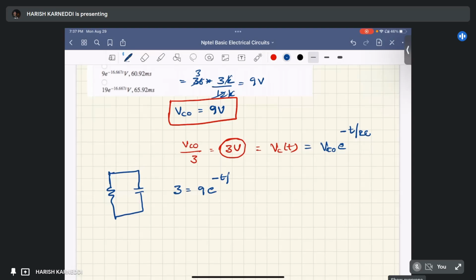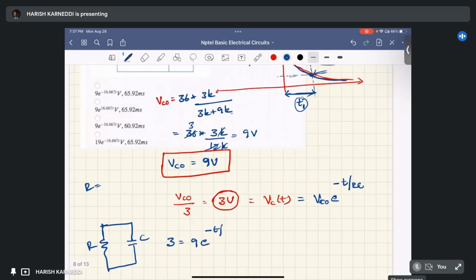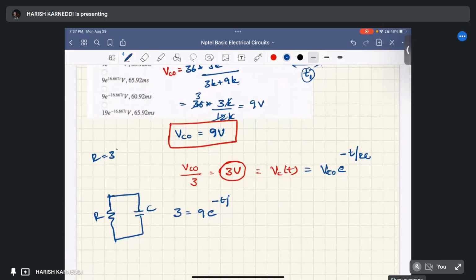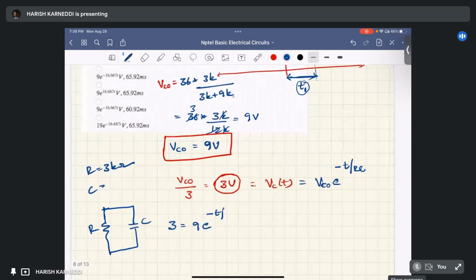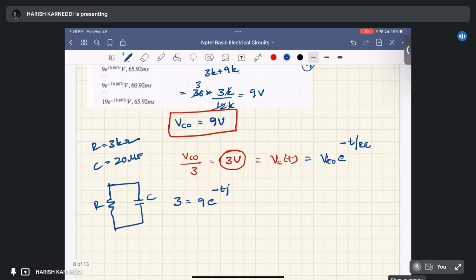The circuit seems like this because the switch is open-circuited, that's why I didn't draw this part. So this R and C: R equals 3 kilo ohm and C equals 20 microfarad. I am substituting these values here. RC equals 3 kilo ohm into 20 microfarad.